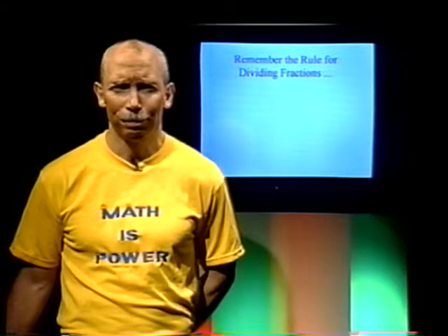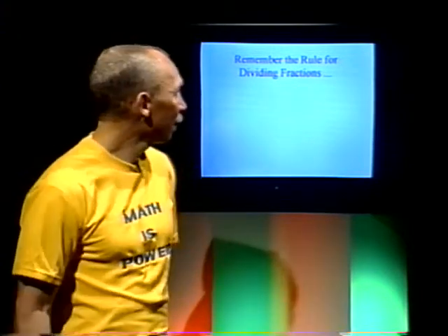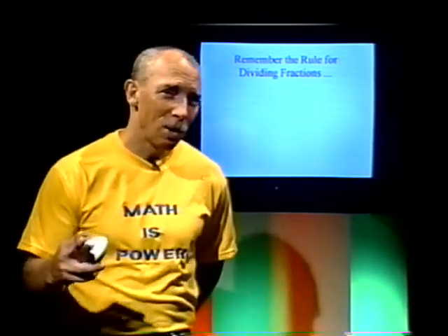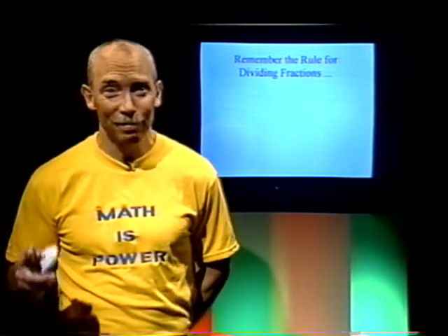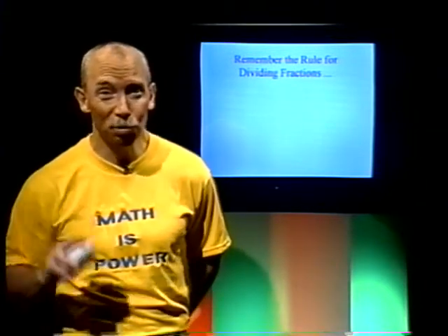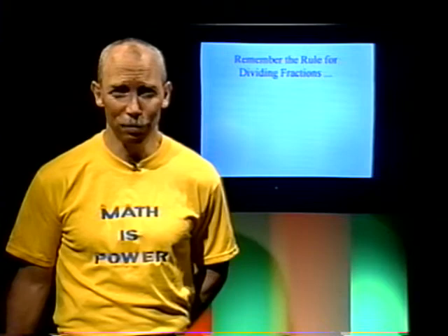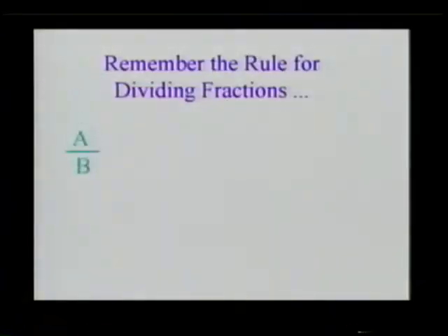Let's look at another one. The rules for division are the same basic deal as for multiplication with one little twist. You remember this from pre-algebra. If you want to do a over b divided by c over d, what's different?